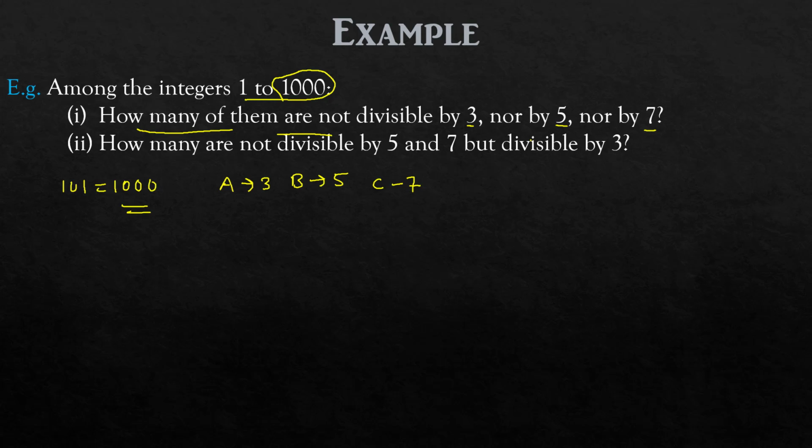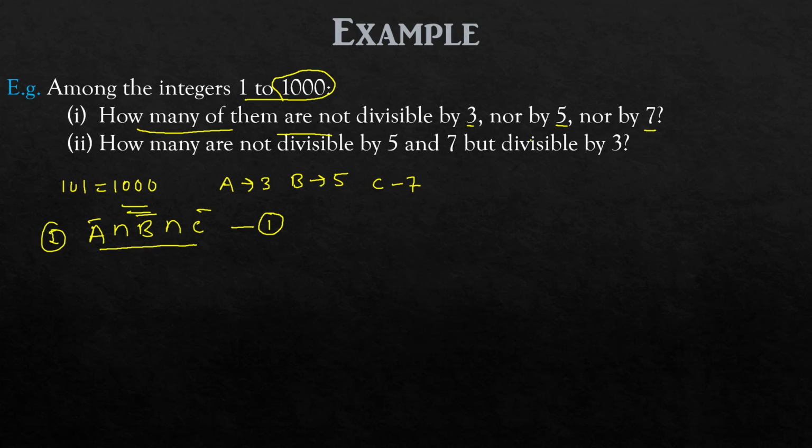So here we have to find the intersection of all three. So, the first condition, that is, we have to find A complement intersection B complement intersection C complement. Now, where do we already see this condition? In De Morgan's law.